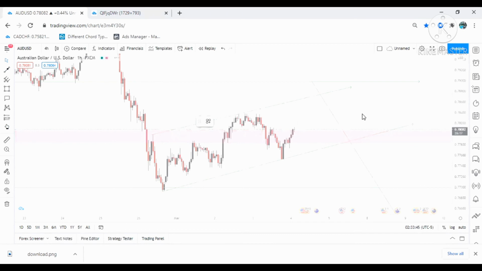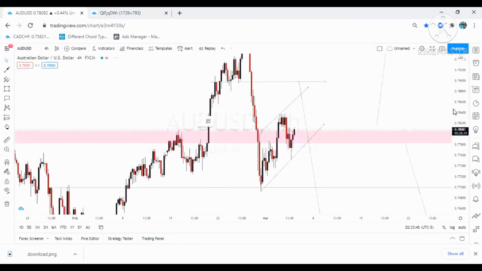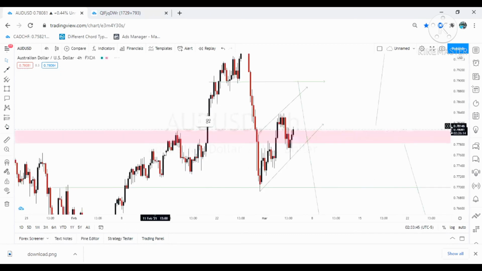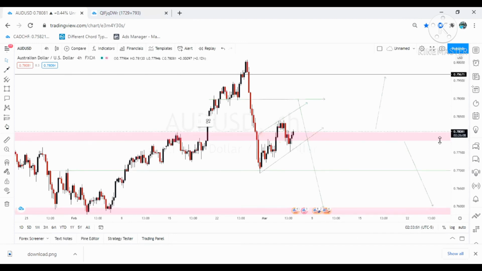But for me, I don't think it is because, like I said, this is major resistance. We expect a trend reversal, right? Sometimes that's not what happens. Sometimes you hit your major resistance, and then the market goes to the downside, breaks.